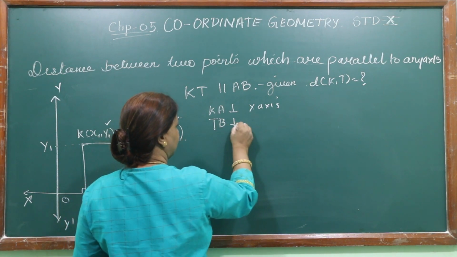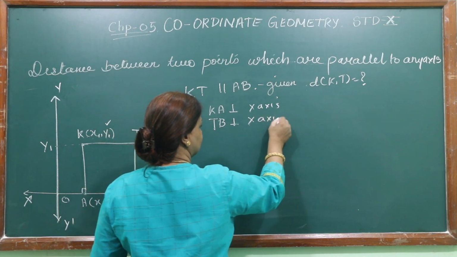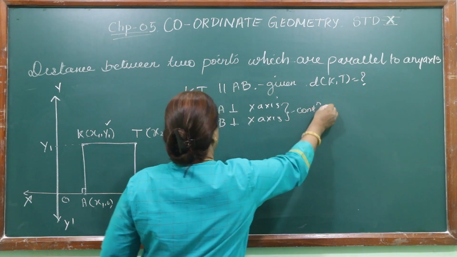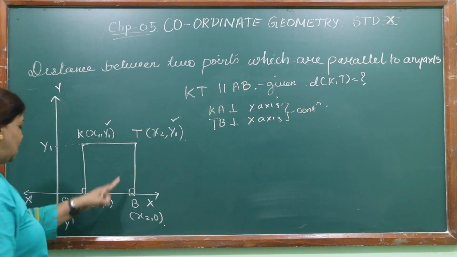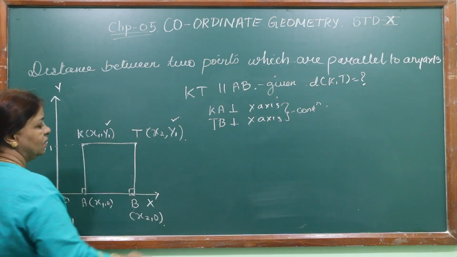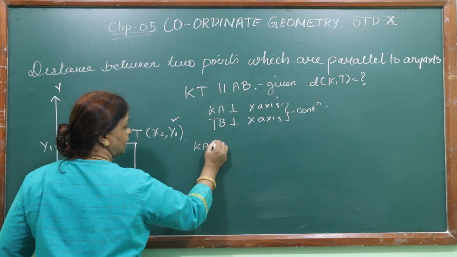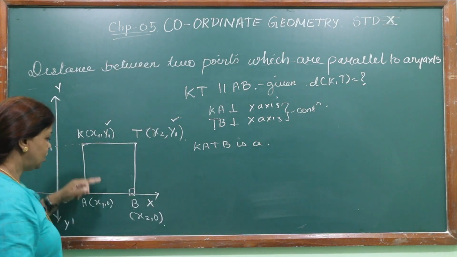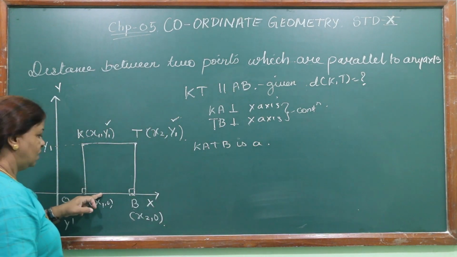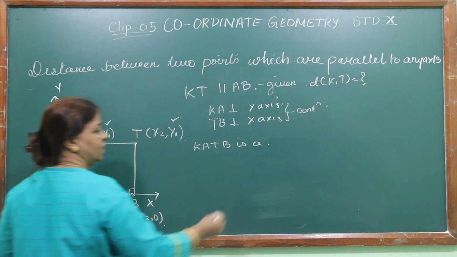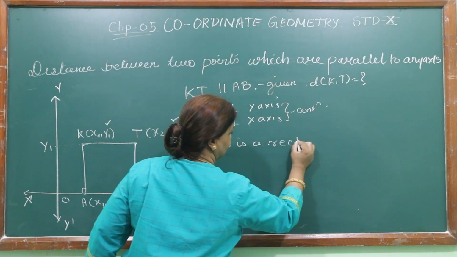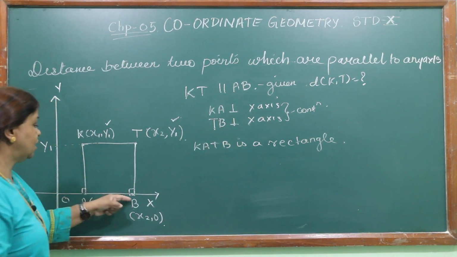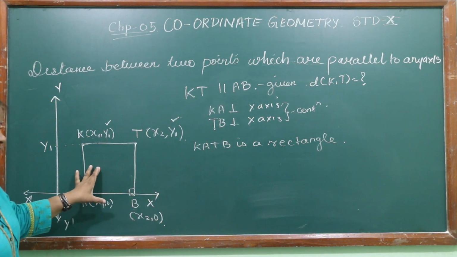TB is also perpendicular to x-axis, and this is the construction. Then this KATB is, see, opposite sides are parallel and each angle is 90 degree, therefore it will be a rectangle. KATB will be a rectangle.